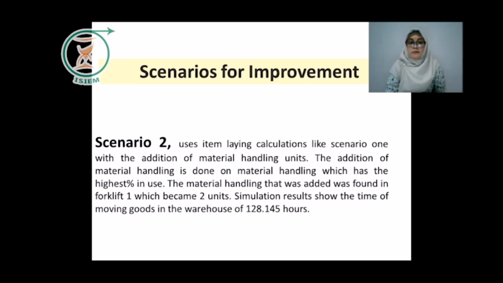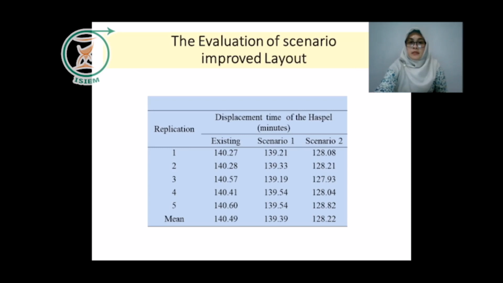The addition of material handling is done on the material handling which has the highest use, and the material handling that was added was forklift 1, becoming 2 units. The simulation result shows the time of moving goods in the warehouse of 129.145 hours. The evaluation of scenario improvement can be seen in this table.